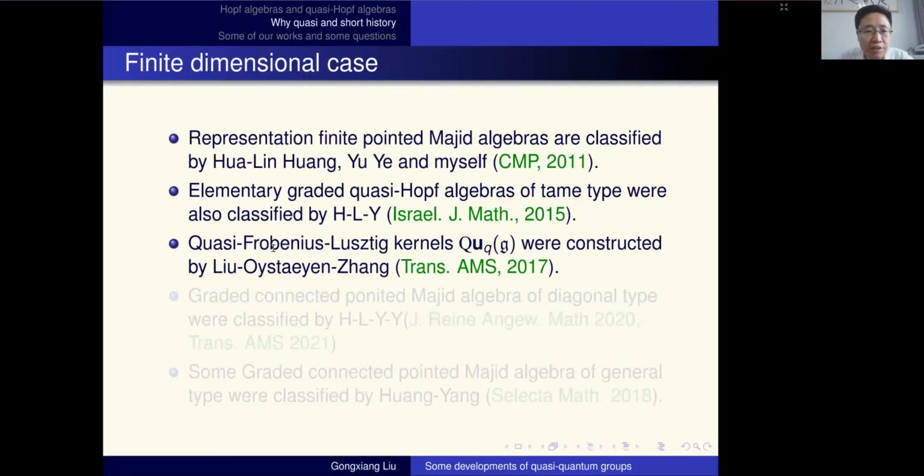At last, we know how to construct the quasi-Hopf analog of the Frobenius kernels. That's really an improvement in this direction. So in 2017, we constructed many new genuine quasi-Hopf algebras. There are many classes. Actually, if you give us simple algebras, we can construct them.